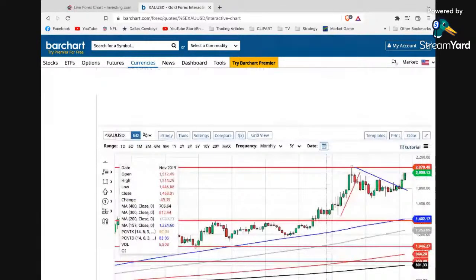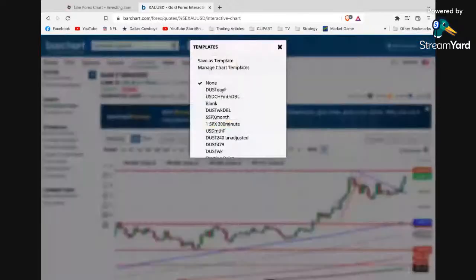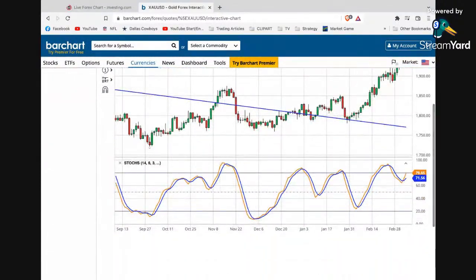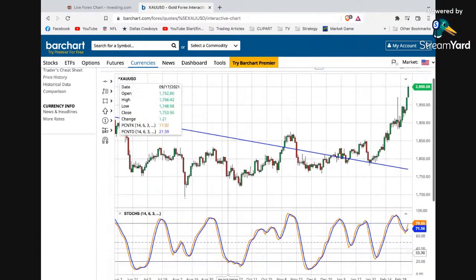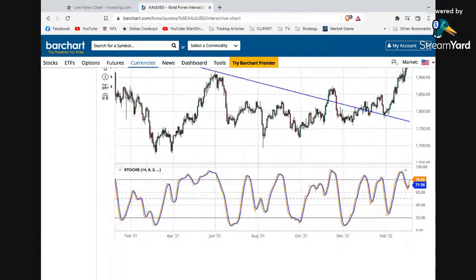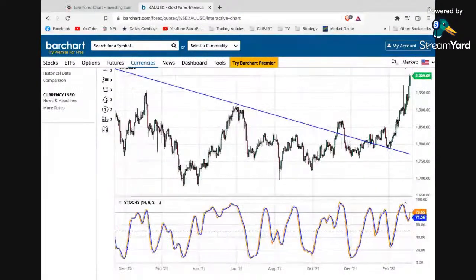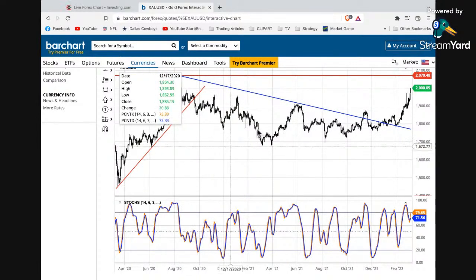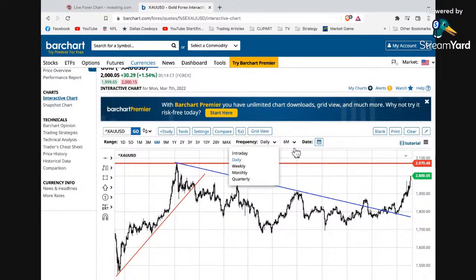Let me see if I can take this off because it's hard to read with all my markings through the years, because this thing saves all your marks from the past. Okay, so this is where we came from back in 2000. Oh, this is 2020. What is this? I want to go to monthly.